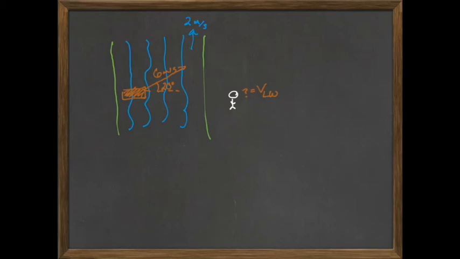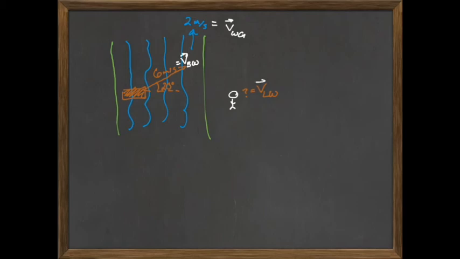Okay, so if we label all of these velocities, we'll start with the water. This 2 meters per second represents the velocity of the water relative to the ground, because we're standing on the bank and we notice the water's moving at 2 meters per second.